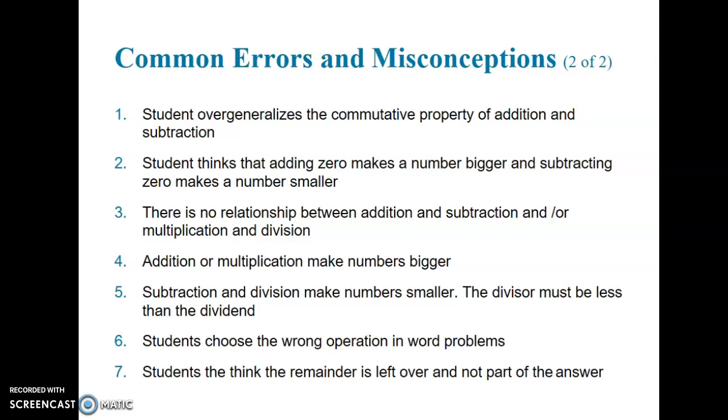Avoid the rote use of fact families to teach the inverse relationship, as emphasizing procedure does not help students see the inverse relationship. Students believe that they should always get a larger answer in an addition problem or multiplication problem. When students point out these patterns, say that these ideas are only true for some numbers.